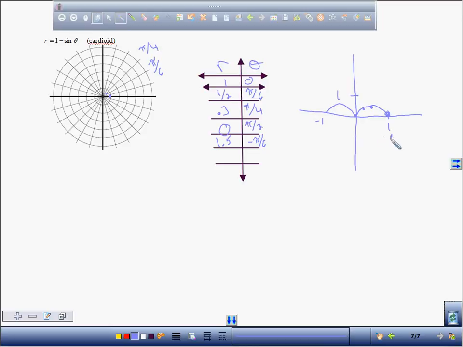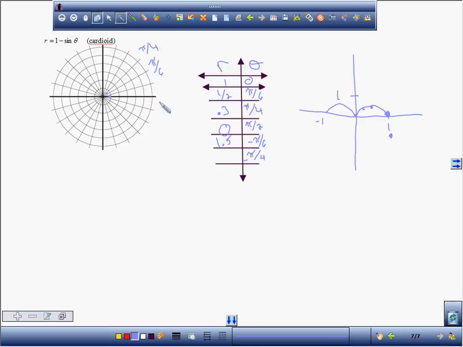So maybe about there. Okay? I should have got a bigger piece of graph paper. Then negative pi over 4 is going to give you 1 minus negative 0.7, so that's going to be like 1.7. So it's going to be a point out here somewhere.